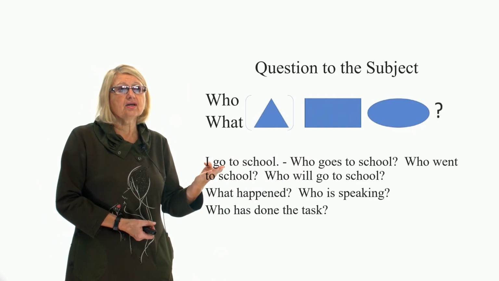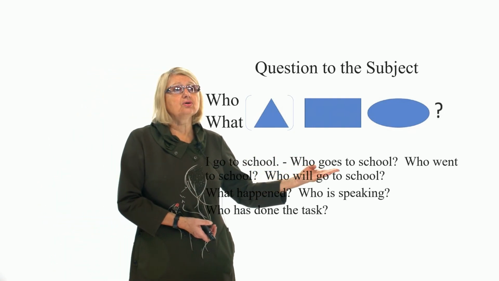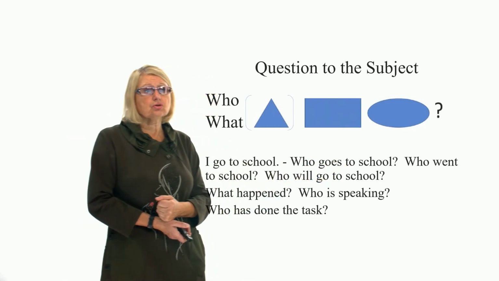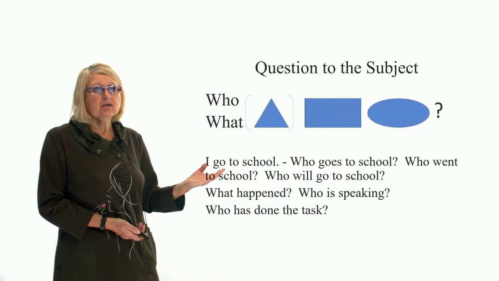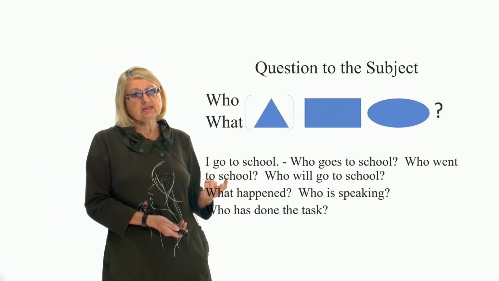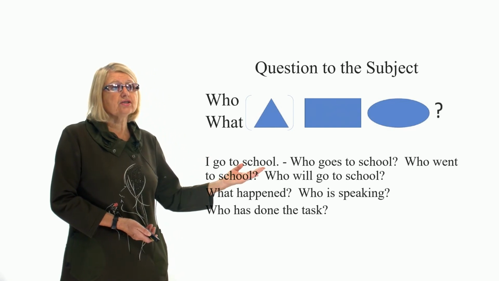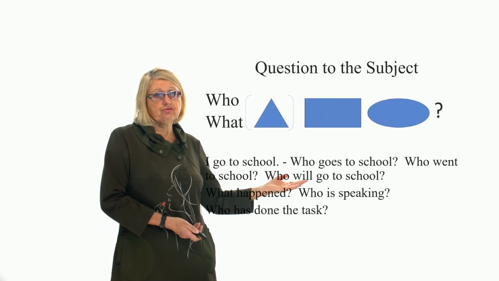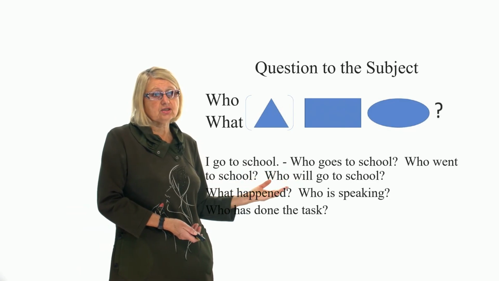That is why not go, but goes to school. Who went to school yesterday? Instead of I, who. It is past simple, and the verb go gets the form of past simple went.